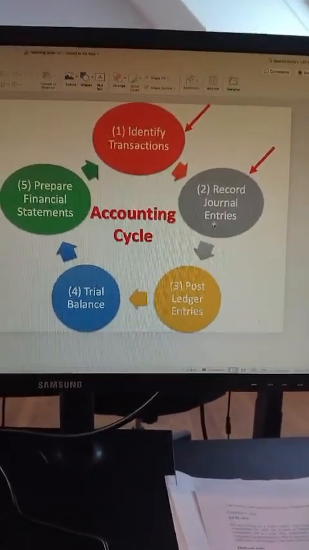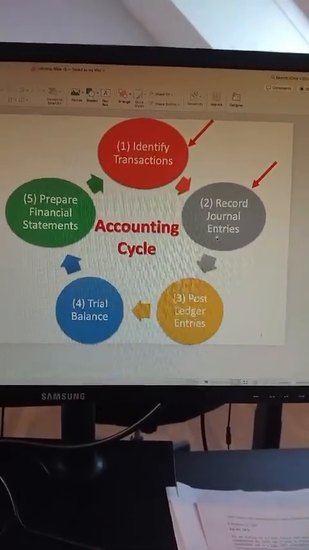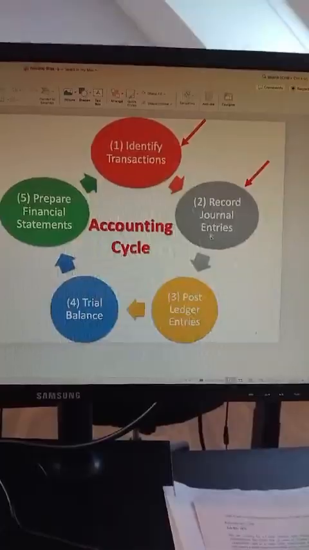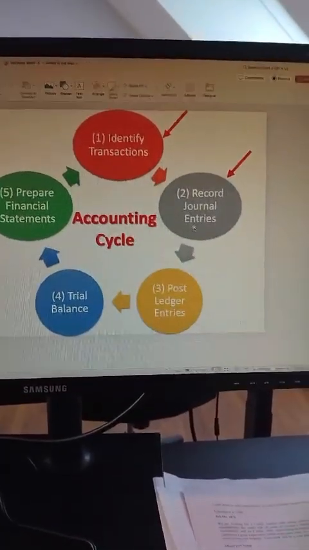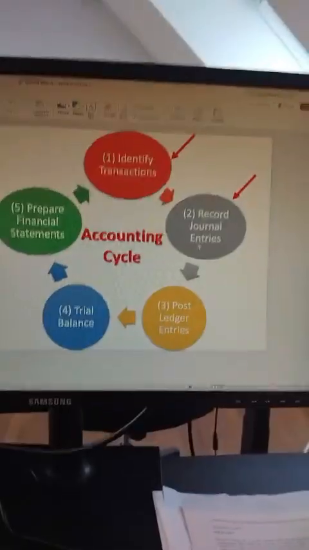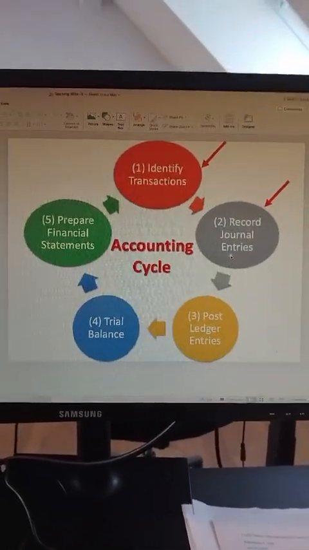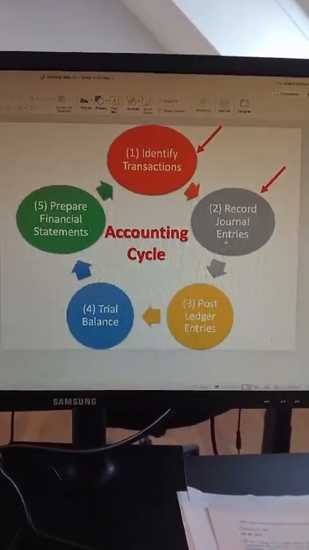What does that mean? When you handle any kind of transaction, you have to find out whether the transaction is accurate, and the transaction has to be related to monetary or financial value, related to money.